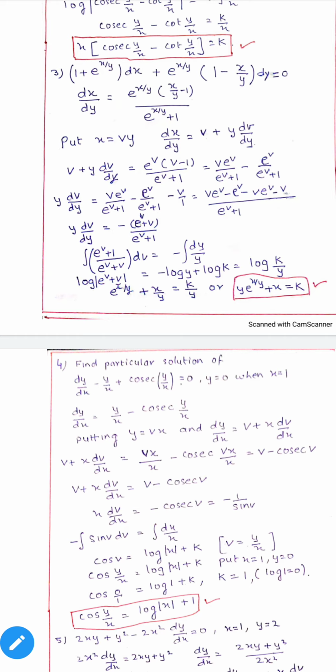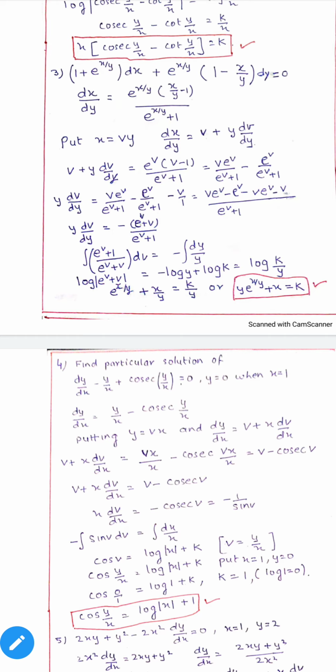Third question is (1 + e^(x/y)) dx + e^(x/y)(1 − x/y) dy = 0. dx/dy = (e^(x/y) − 1)... (x/y − 1)e^(x/y) upon (e^(x/y) + 1).